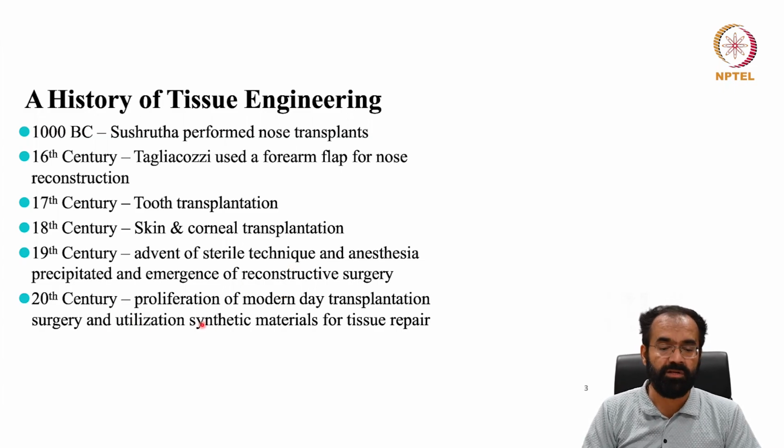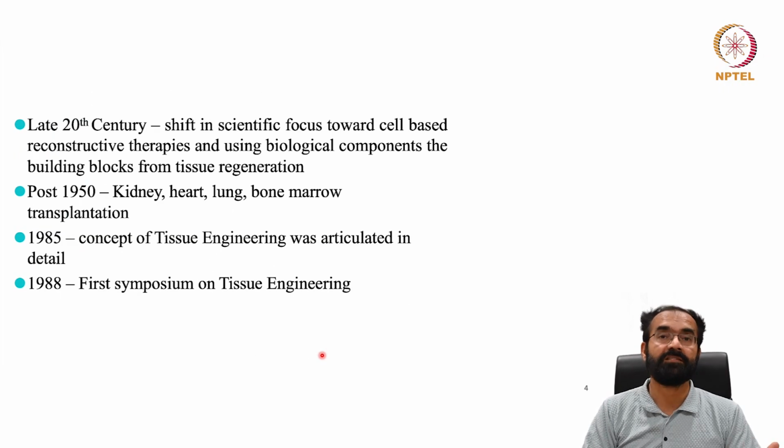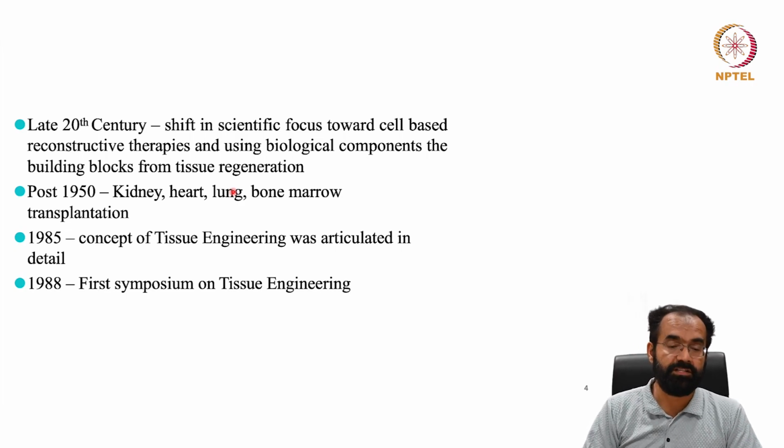And in the 20th century, proliferation of modern day transplantation surgery and utilization of synthetic materials for tissue repair came into existence. In the late 20th century, there was a shift in scientific focus towards cell-based reconstructive therapies, using various biological components, the building blocks that can perform tissue regeneration.